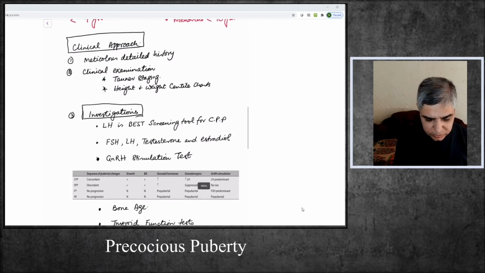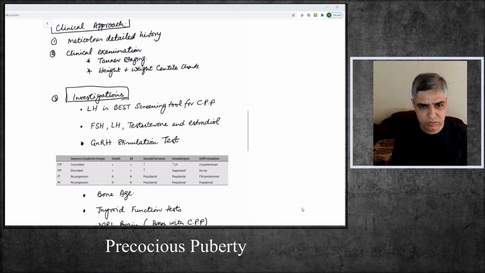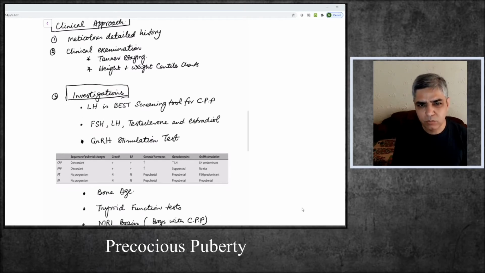There are different types of investigations which are done. The first important investigation, which is used as a screening tool, is luteinizing hormone. In the examination, especially in Foundation of Practice, that is MRCPCH Part 1, usually they throw up a question where they will give you a scenario of somebody with precocious puberty, and they ask what is the next best step for workup of this child.